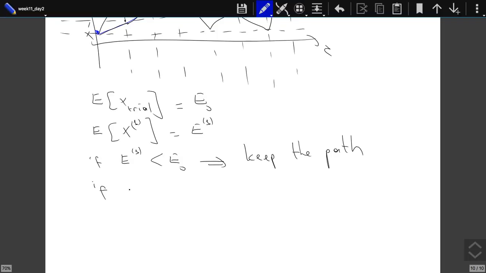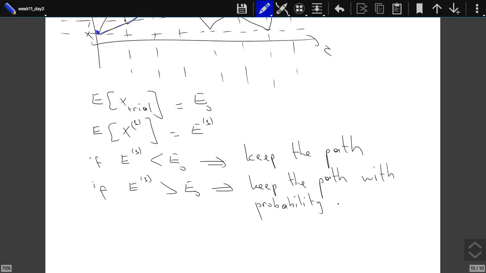If E1 is larger than E0, then keep the path with probability e to the power minus beta (E1 minus E0).